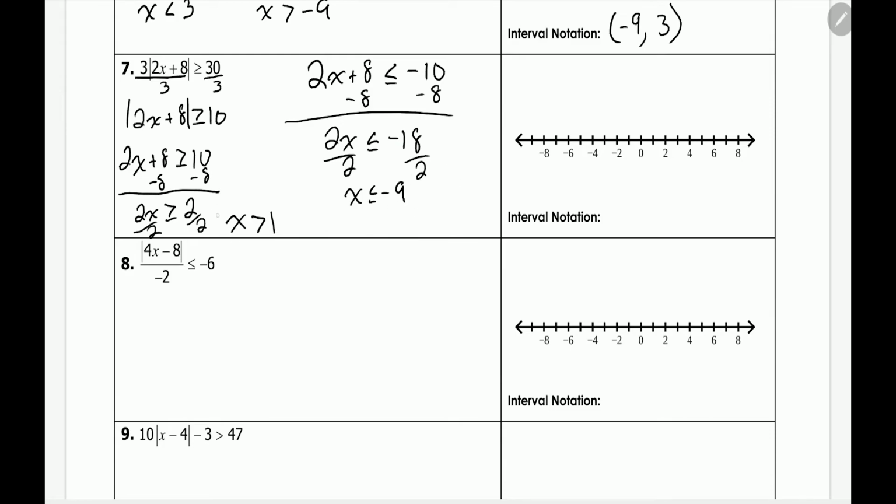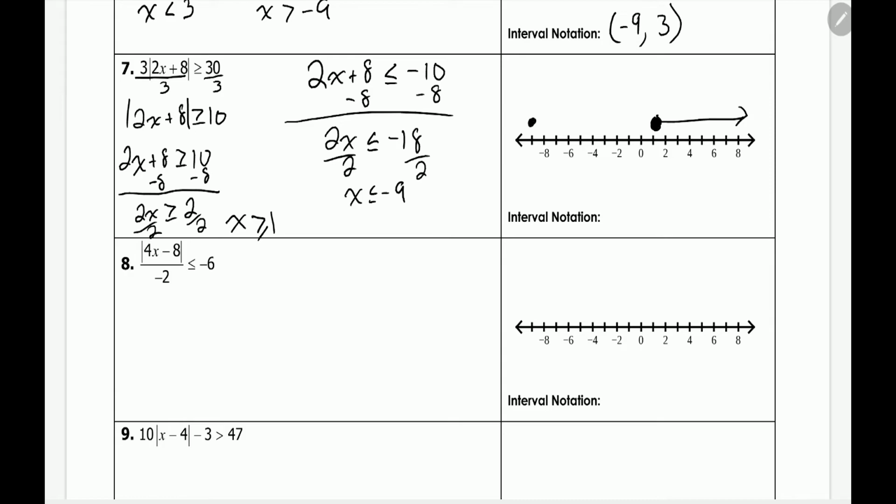Now, let's graph these two things. We have x is greater than or equal to 1. We go to 1. We have a closed circle. And greater than can be found on the right. Numbers greater than 1 on the right. For this one, x is less than or equal to negative 9. We go to negative 9.